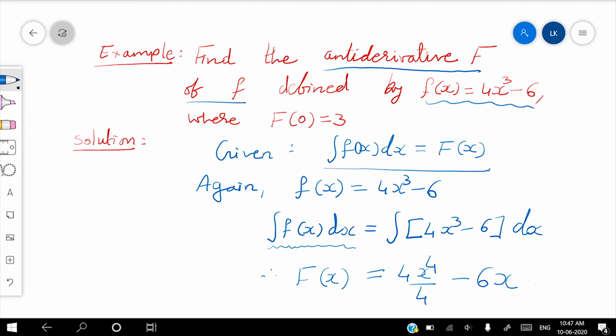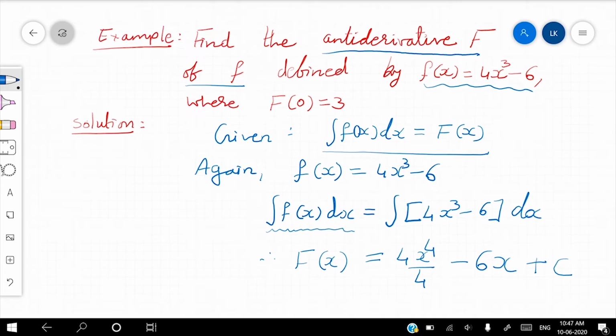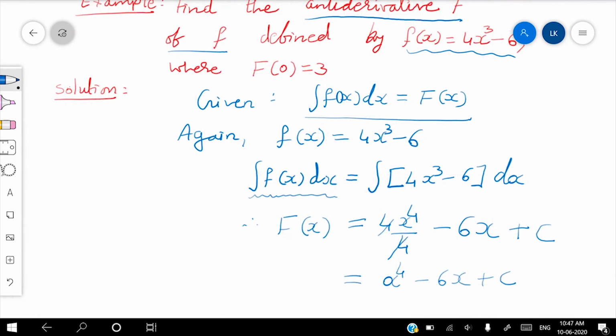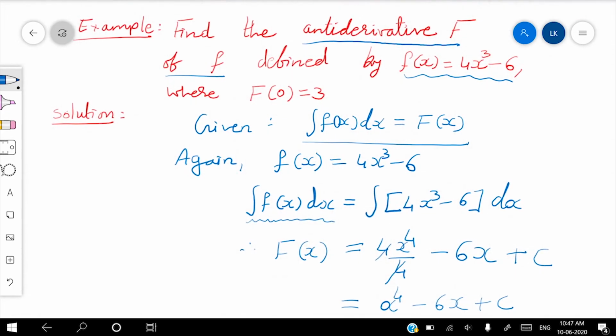Therefore, what is this integration? Correct. Plus arbitrary constant we must write, that means plus c. Simplify it, 4 cancel. That means F(x) is equal to x raised to 4 minus 6x plus c.